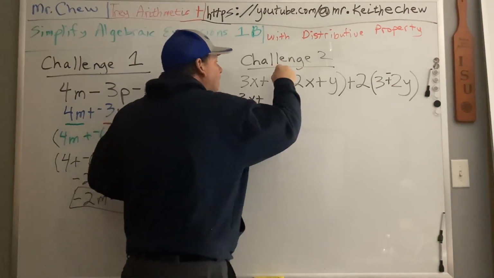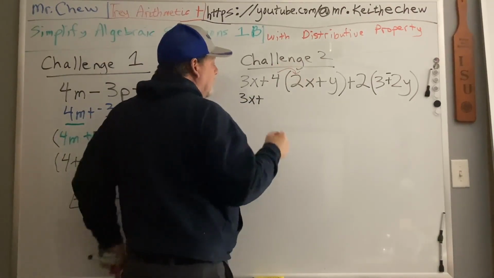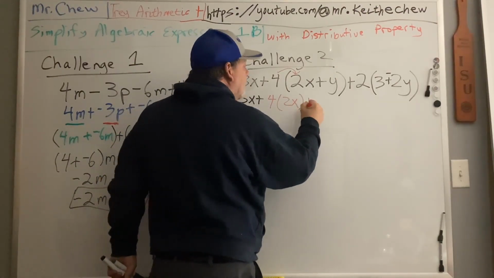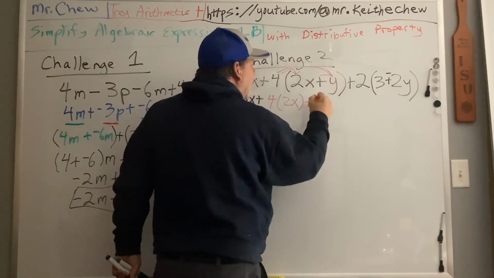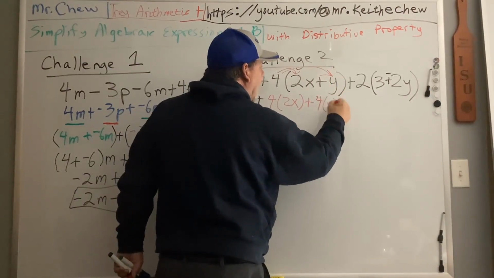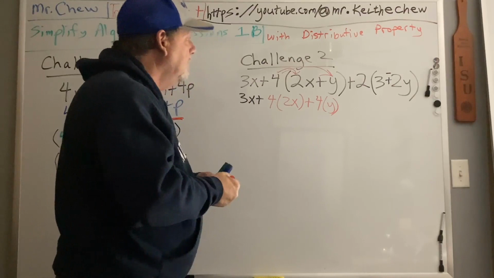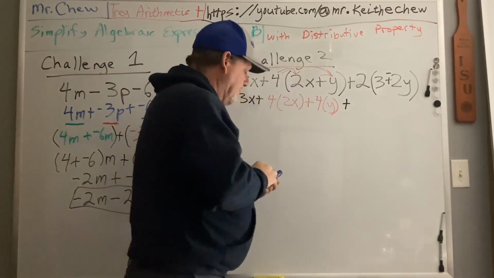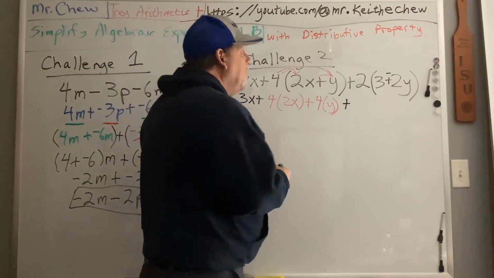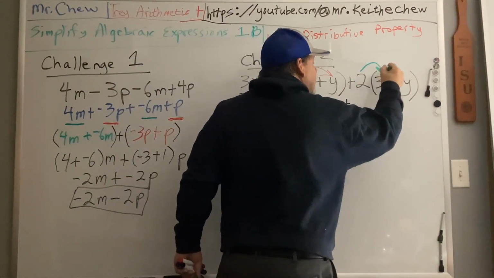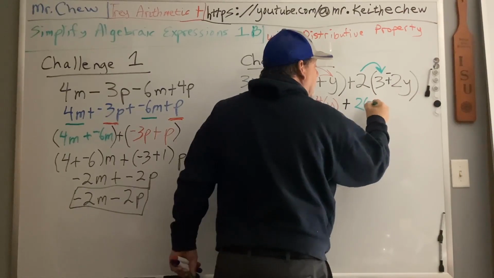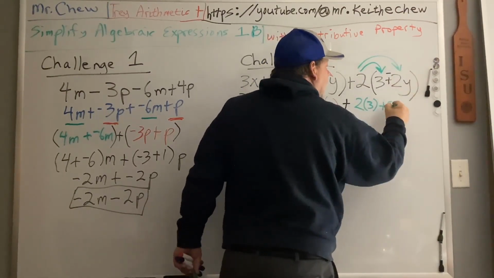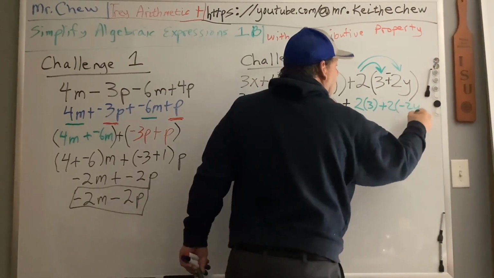So I have 4 times 2x plus 4 times y. Now I'm going to do 2 times the 3, using the distributive property, plus 2 times the negative 2y.